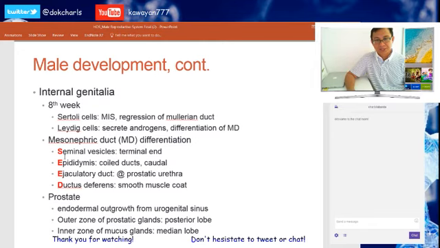Your prostate, on the other hand, is an endodermal outgrowth from the urogenital sinus, and the outer zone of the prostate glands is in the posterior lobe, while the inner zone of mucous glands is found in the median lobe.